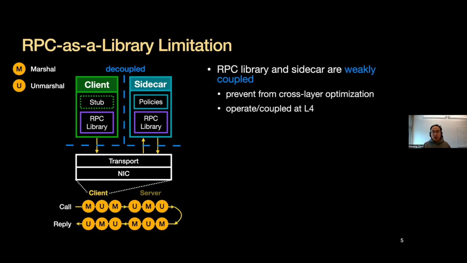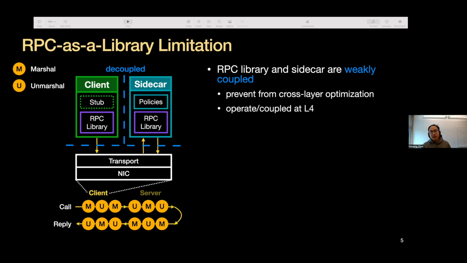Now, using this kind of traditional RPC library is very problematic to work with the sidecar in the following ways. First, the RPC library and the sidecar are weakly decoupled. Weakly coupled, this means it prevents us from doing some cross-layer optimization, and it operates at layer 7.